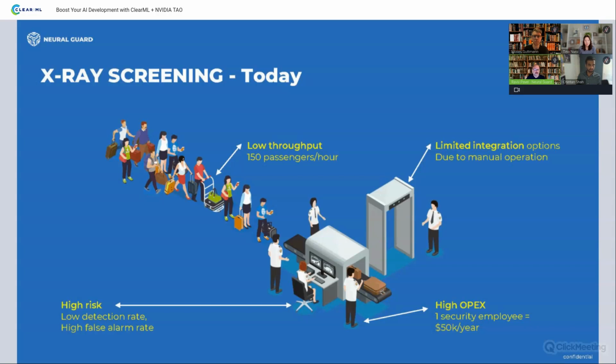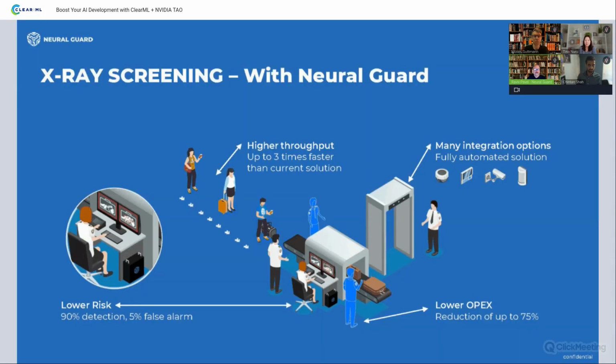That's why the line is long. They are expensive, so the operation expense is very high, and there is not much interconnectivity between a human operator and other systems. You cannot measure their performance.